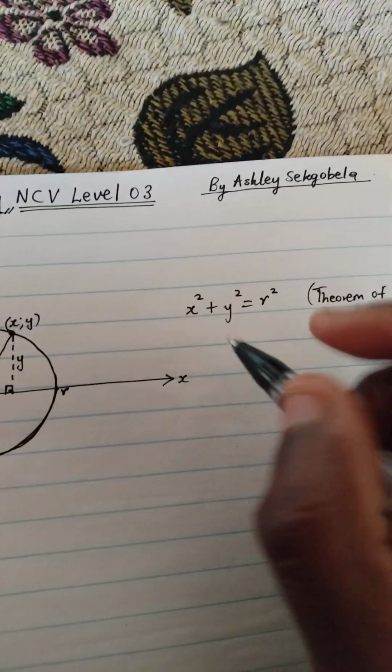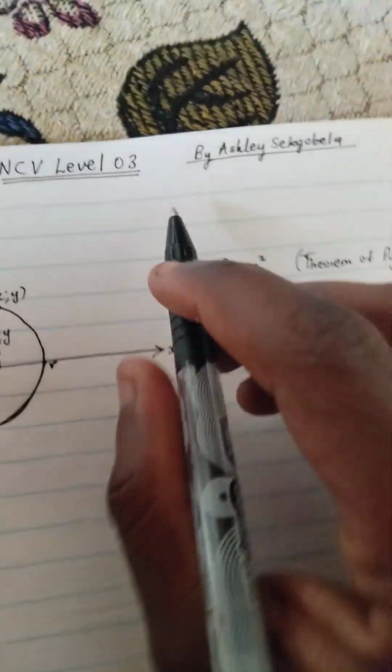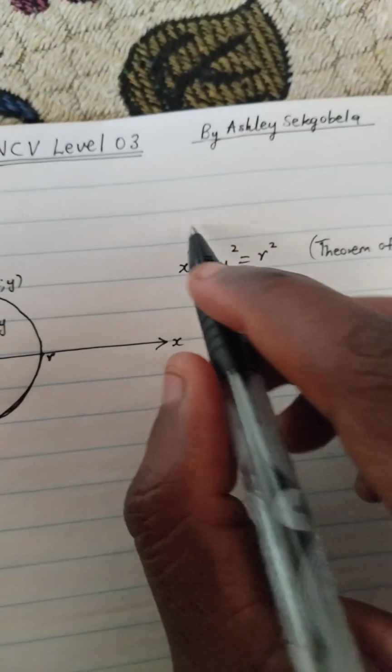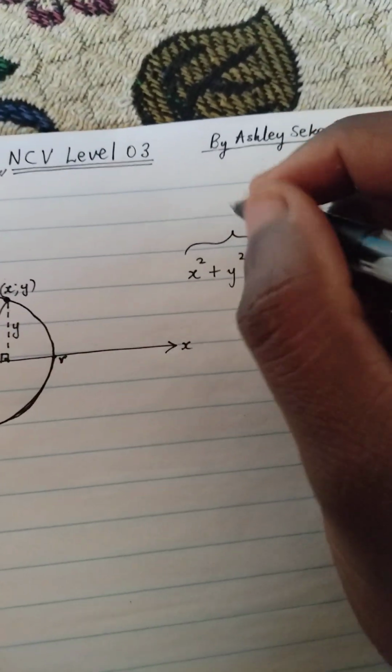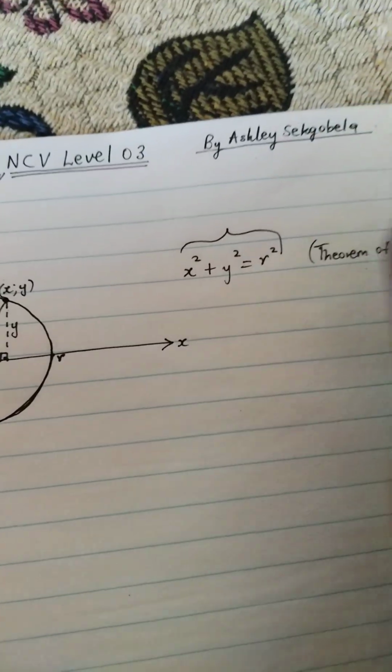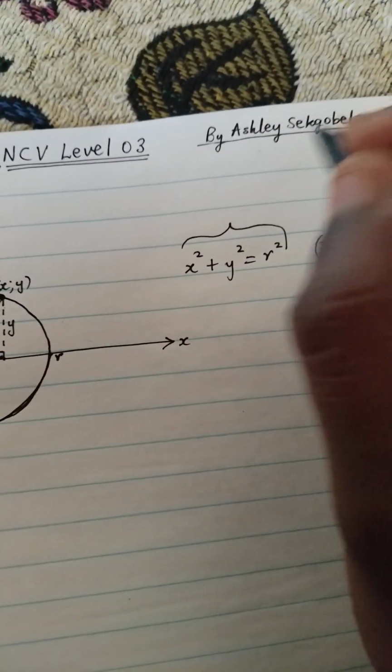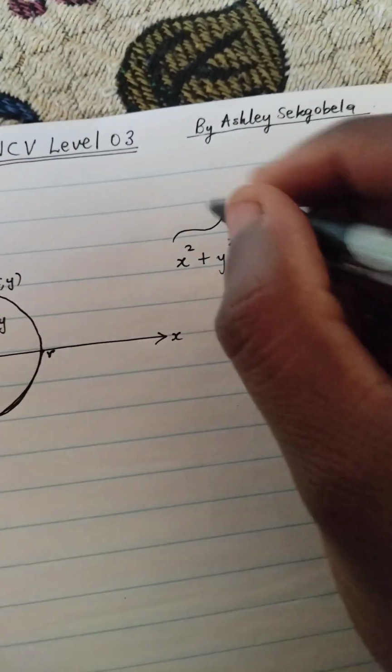Fine. Now this is the basic formula. In fact, this is even the equation of a circle. You'll learn this later on. In level 4 you don't do this, but in grade 12 you meet this equation.